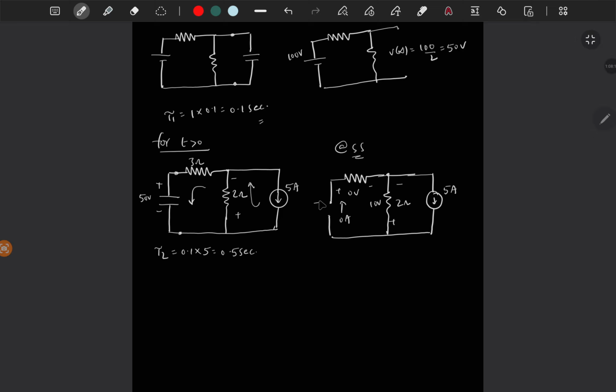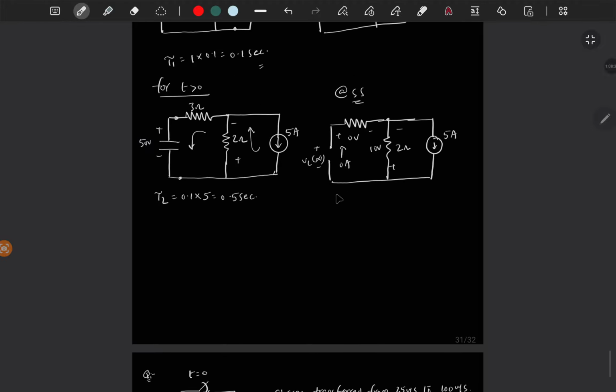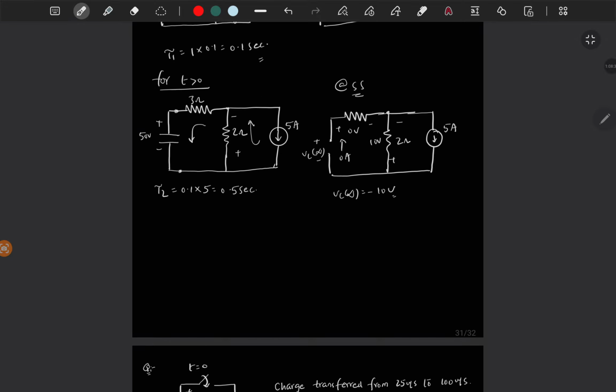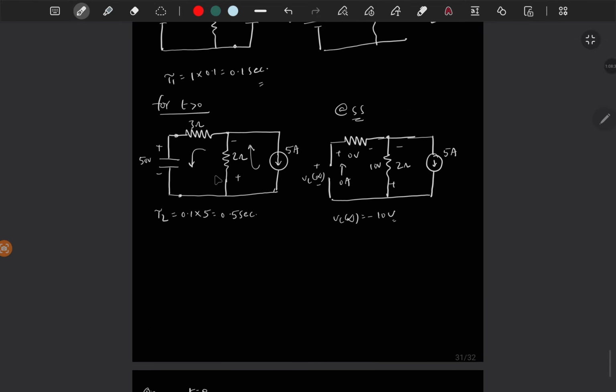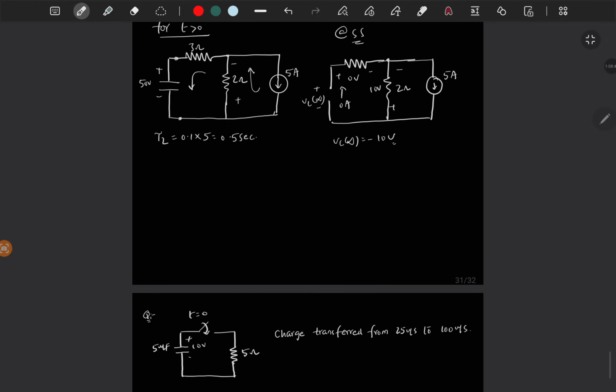So I am taking this as Vc of t. So this Vc of infinity is the same as this voltage, right? Since it is 0 but in negative polarity. So Vc of infinity is minus 10 volt, which means it is charged in this direction.